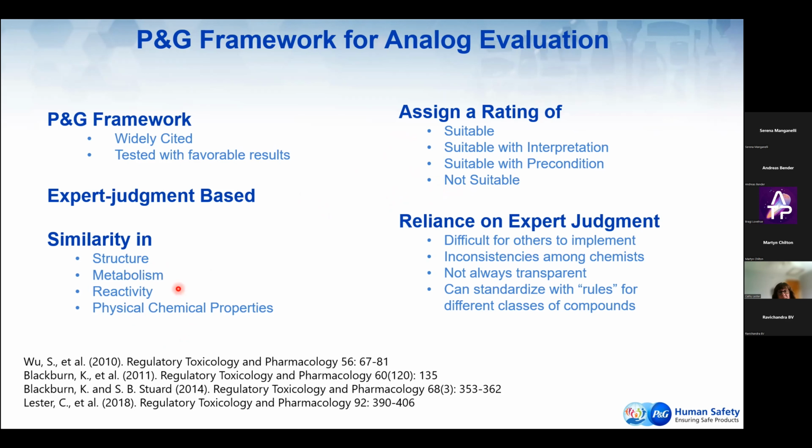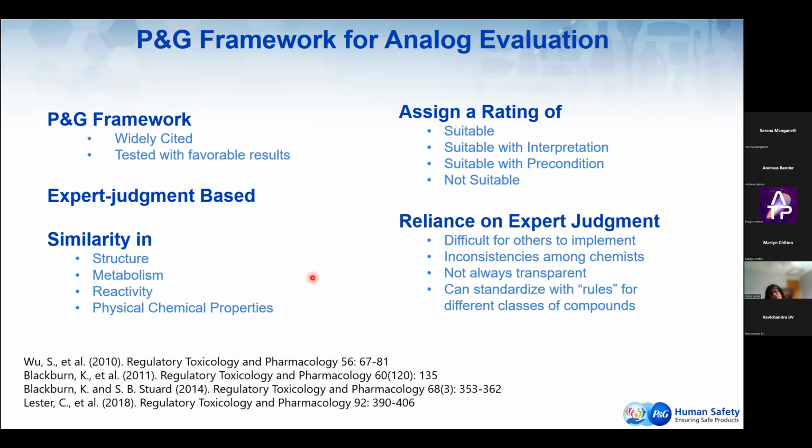A suitable with interpretation analog would be similar in the 4 attributes, but might be missing in one of them, or might be slightly less similar, maybe different phys-chem properties or something that would have no effect on relative toxicity. Suitable with precondition analogs usually converge metabolically. The analog and the target would converge metabolically, and not suitable analogs are missing at least 1 or 2 of these attributes.